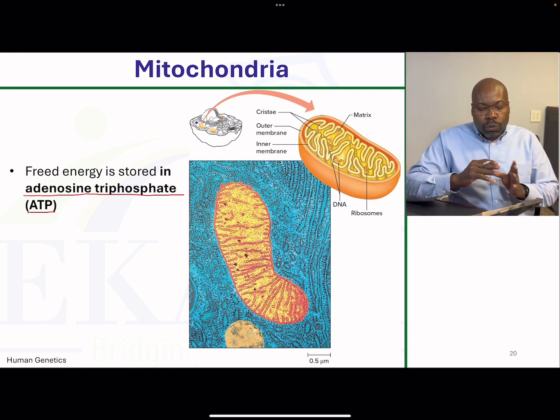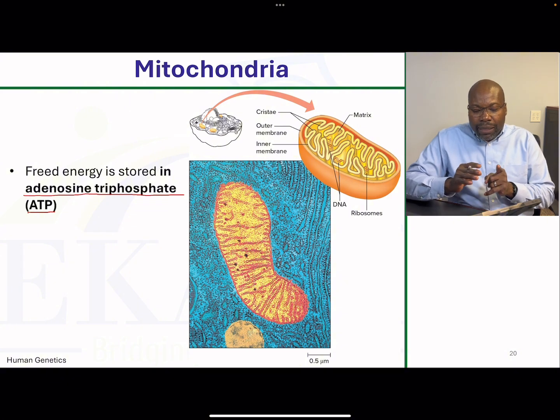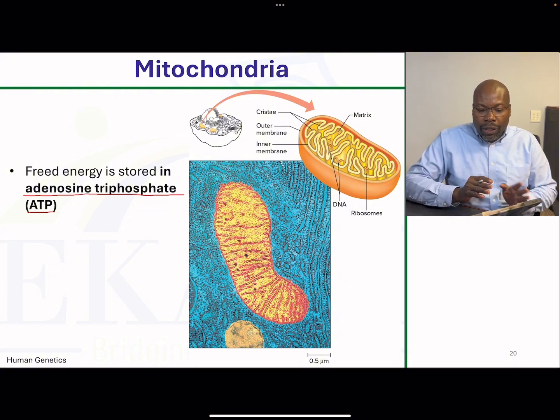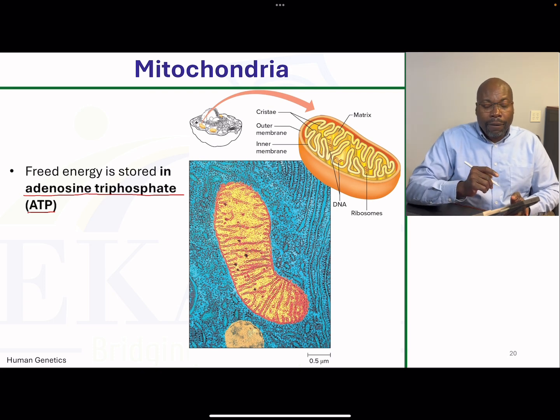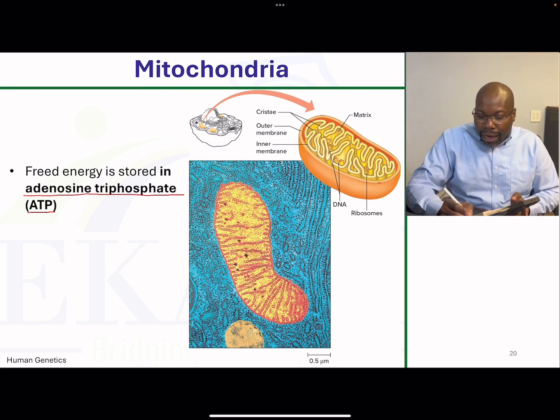Now, I want to spend a little bit of time on some aspects of the mitochondrion. Notice that the mitochondrion as an organelle is made up of two membranes: an outer membrane right here and an inner membrane that is folded into a very complex structure, with infoldings that we call cristae, right?